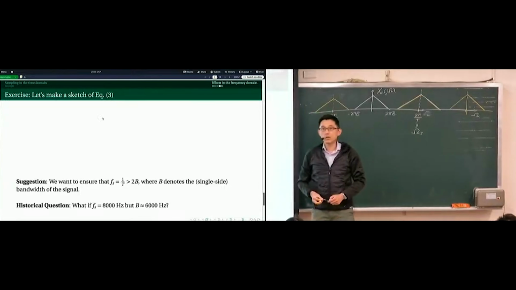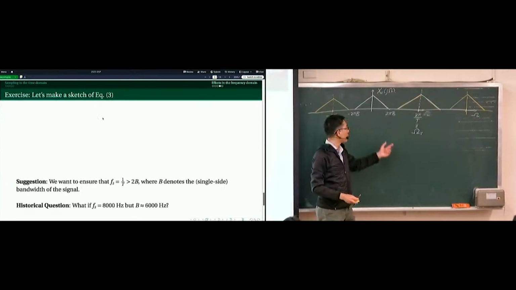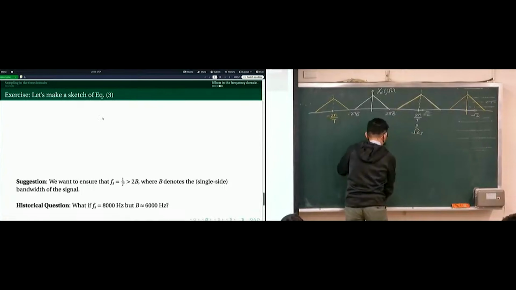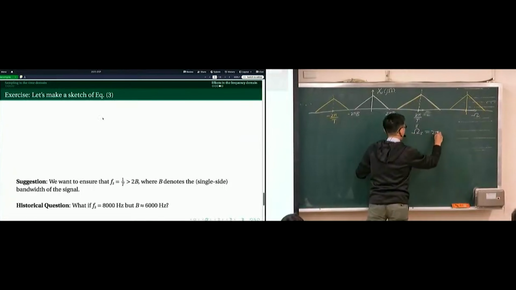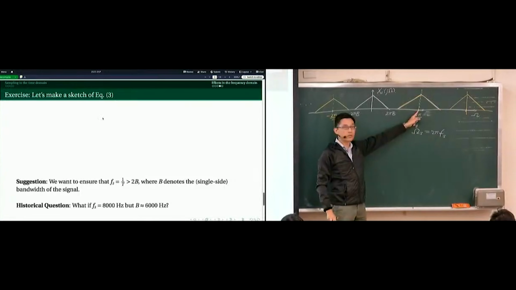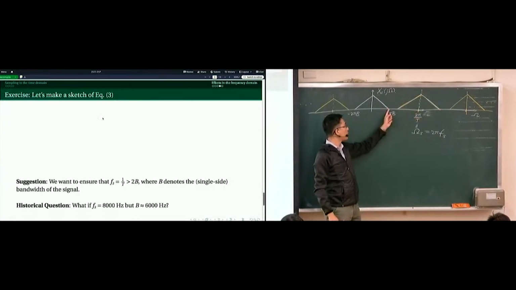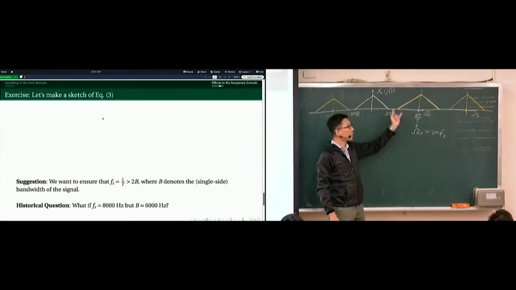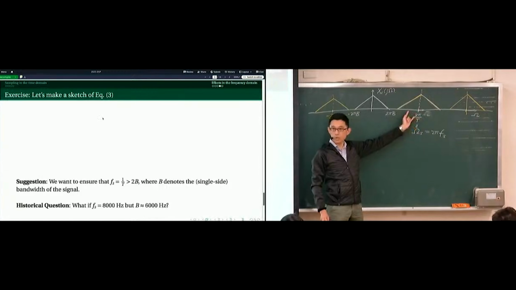So in this case, we have a spectrum whose bandwidth is 2 pi b, and the sampling rate is 2 pi times the sampling rate. Bandwidth is 2 pi b, and in this case, we are good. Why?